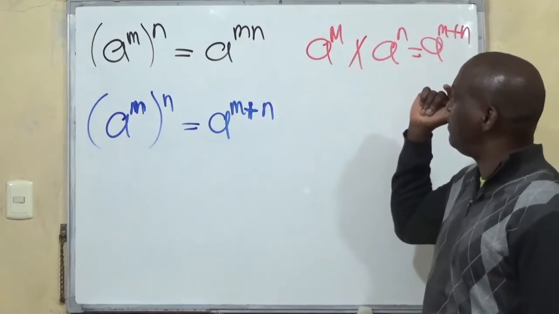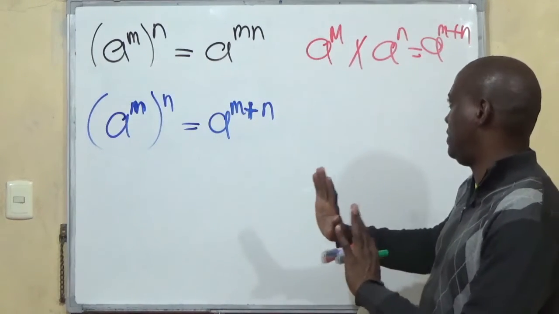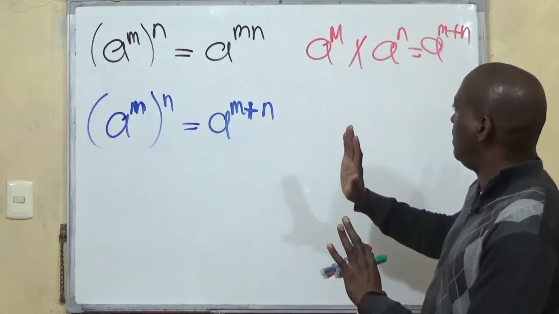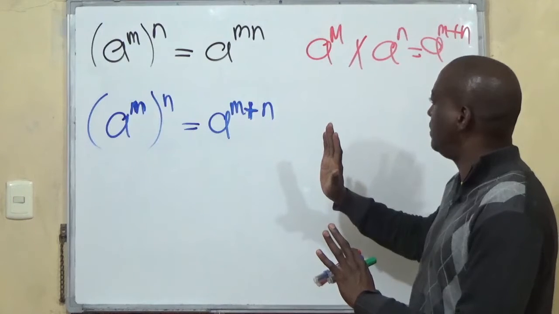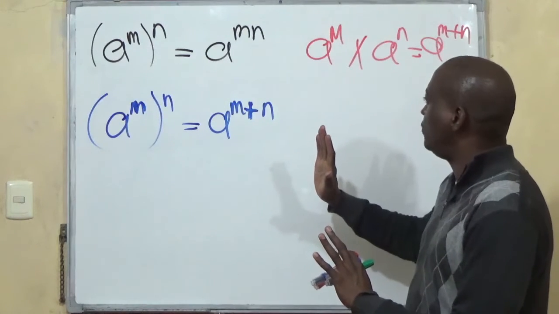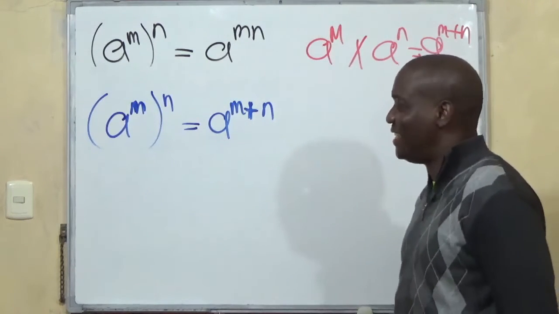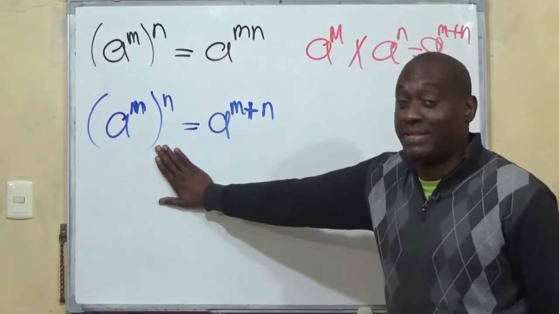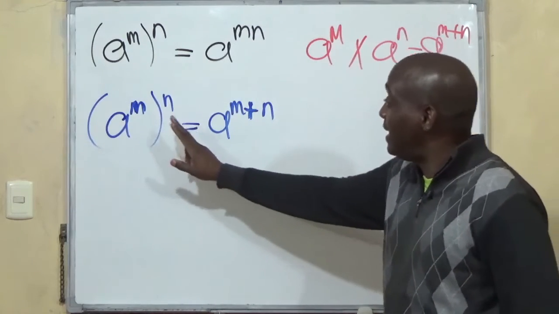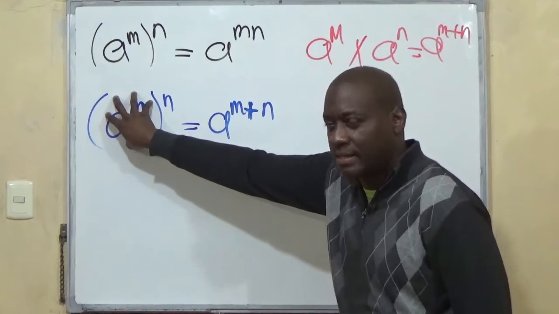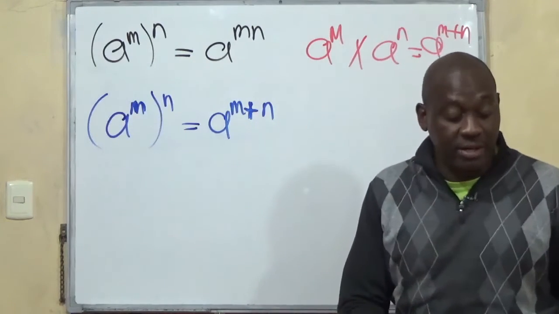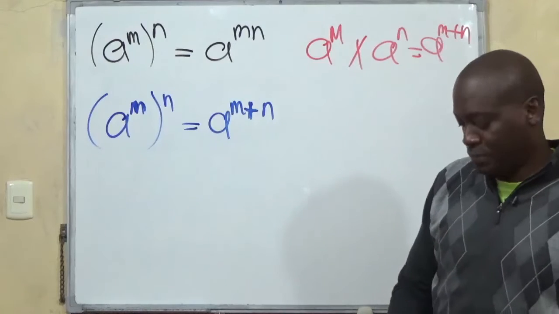Yeah? Right, so just to reiterate, do not confuse this. Do not make this mistake. Let me just leave it like that. A to the power of m, anything inside. So in other words, just use a real number that you could relate to.